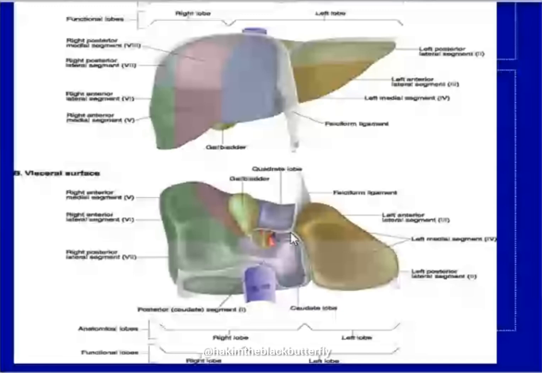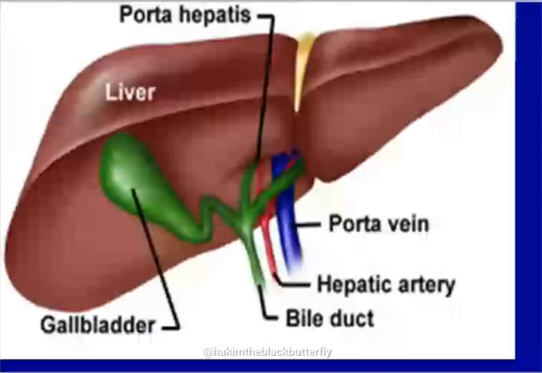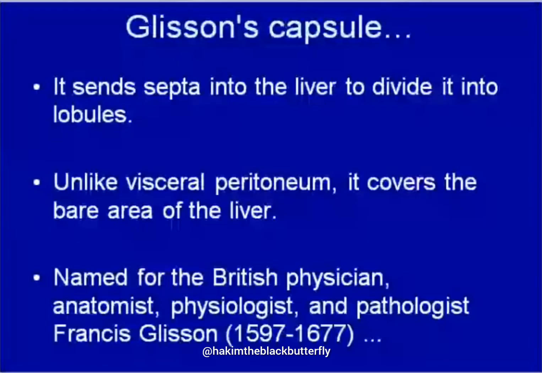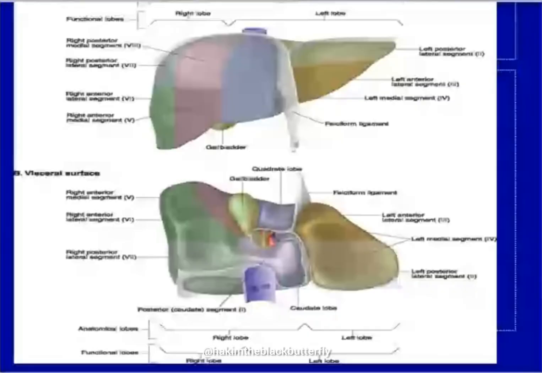When these blood vessels reach the portal hepatis, for example, when you look at the portal vein and the hepatic artery, when they reach the hilum of the liver, they divide into right and left. Let us first, I'm going to show you another illustration because we want to know the basis on which the lobes are demarcated so that we appreciate it.